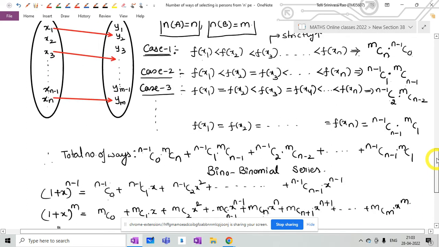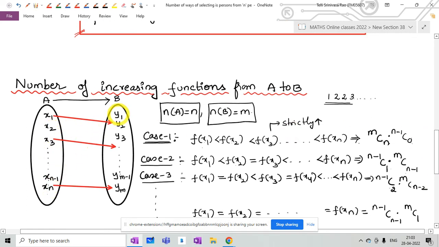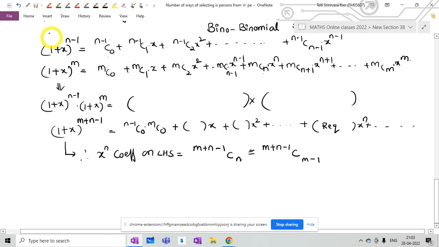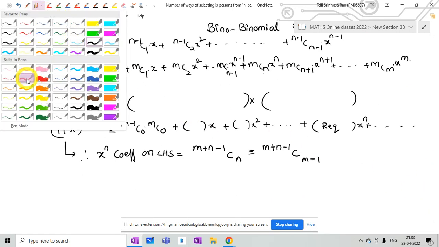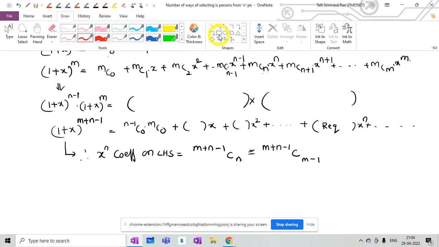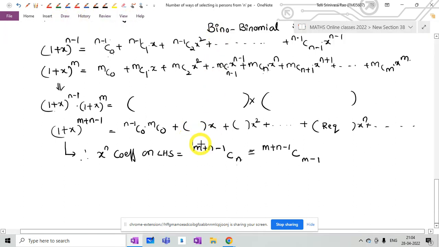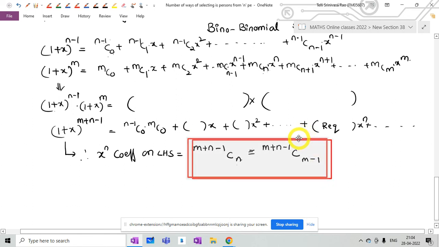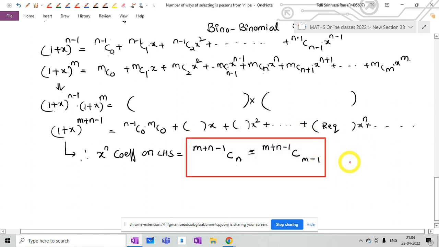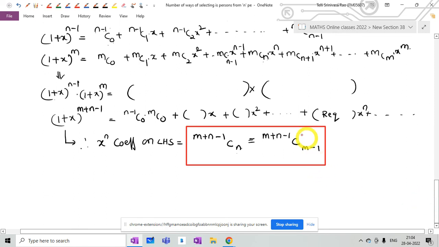So if set A has n elements and set B has m elements, how many ways can we do the mapping so that the resultant is an increasing function? Increasing function means the more the x value, the more the y value. So we have to do the mapping in such a way that we get an increasing function. This is a case of an increasing function.